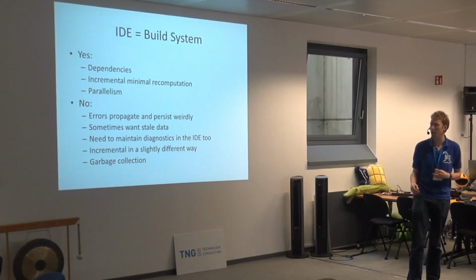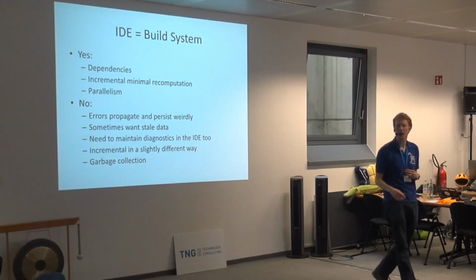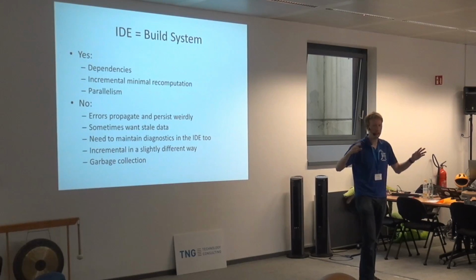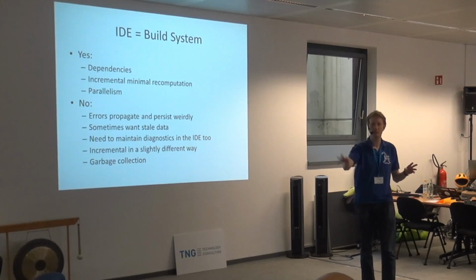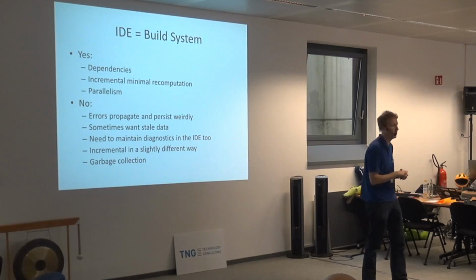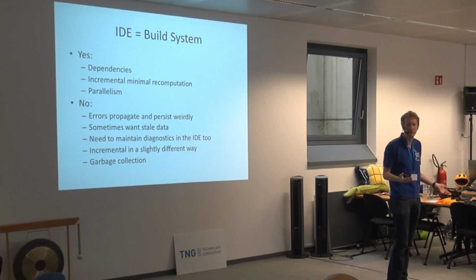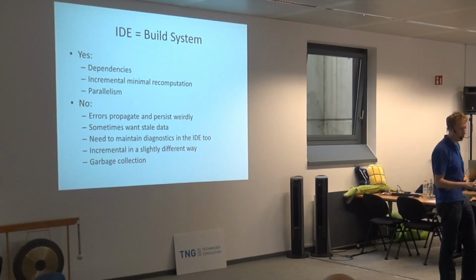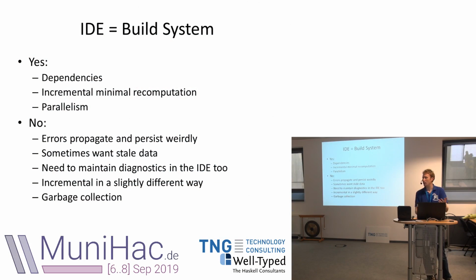Maybe something like FRP would be a much better fit there. And there's also the issue of garbage collection. When I shut a file, I want that to disappear from memory. I want to release the resources associated with it. And that's not really something build systems which work on disk ever bother doing. So there's a mismatch, but there are a lot of commonalities.